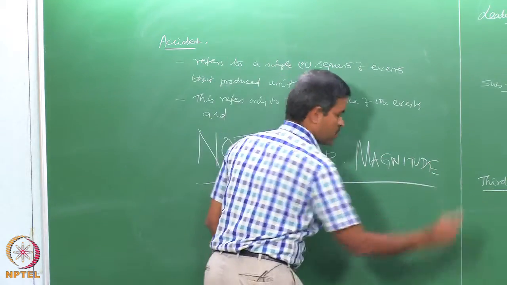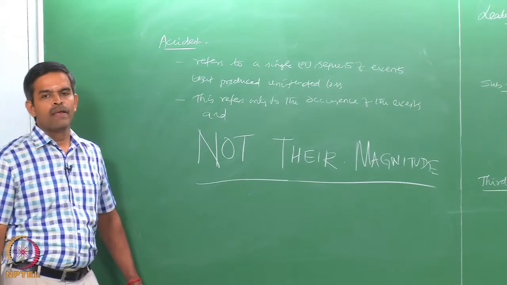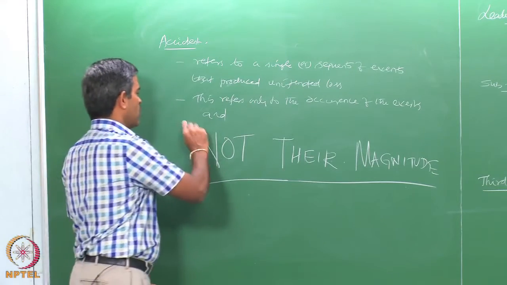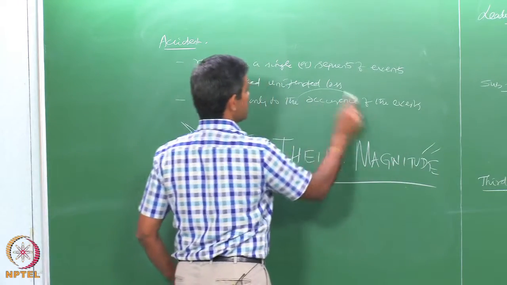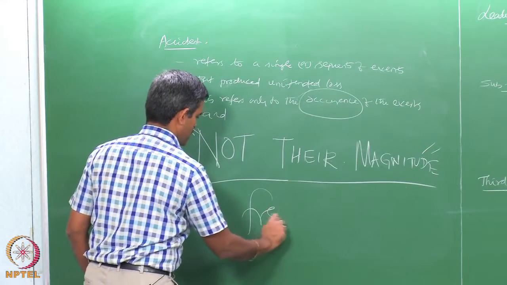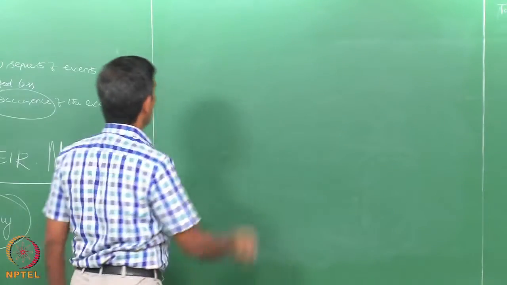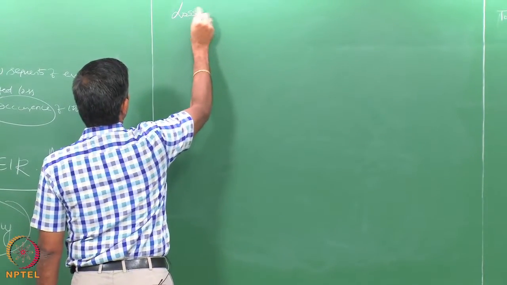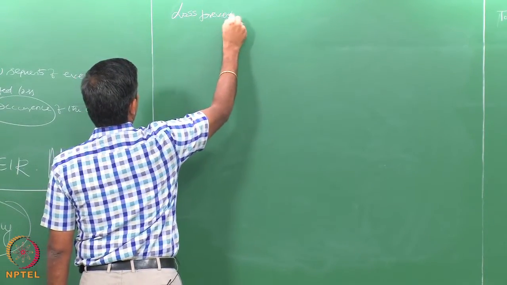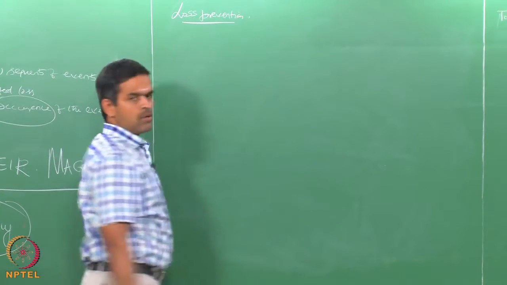This is very important. It does not talk about the magnitude at all, it only talks about the occurrence. It means frequency. Let us talk about loss prevention.